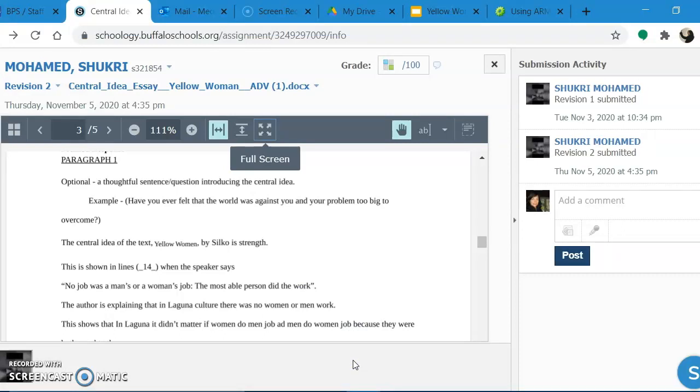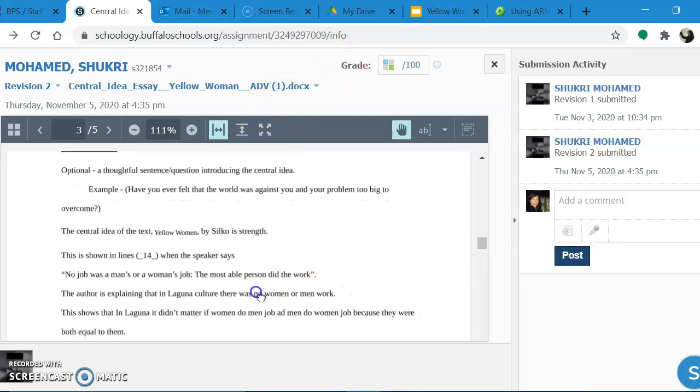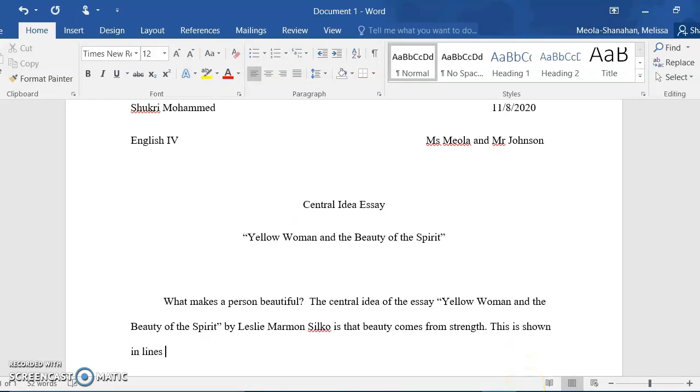Then she says, this is shown in lines 14 when the speaker says, no job was a man or woman's job. The most able person did the work. So we're just going to write that. We're going to format it. This is shown in lines, and we're going to say in paragraph, because I'm sorry about it saying lines, but paragraph is more accurate because that's how we numbered our essay.